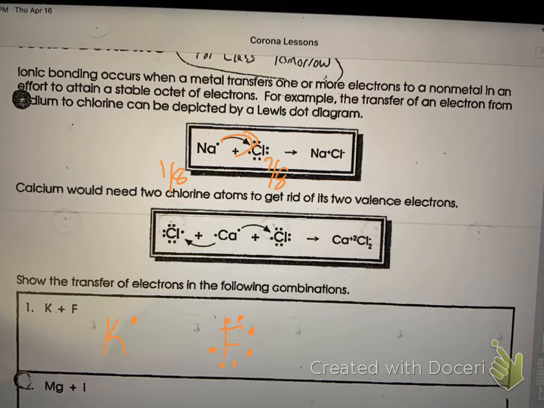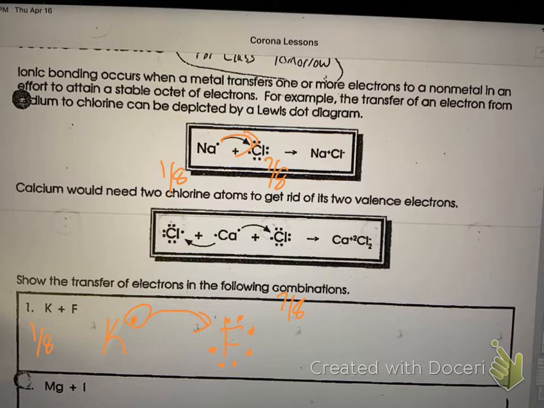Now, potassium has 1 out of 8. Fluorine has 7 out of 8. It's going to be much easier to give away that 1 than it is going to be to find 7. So potassium is going to say, hey, come and take that electron.